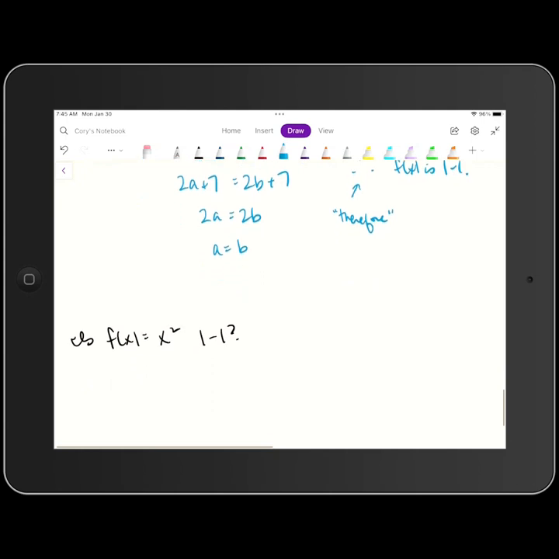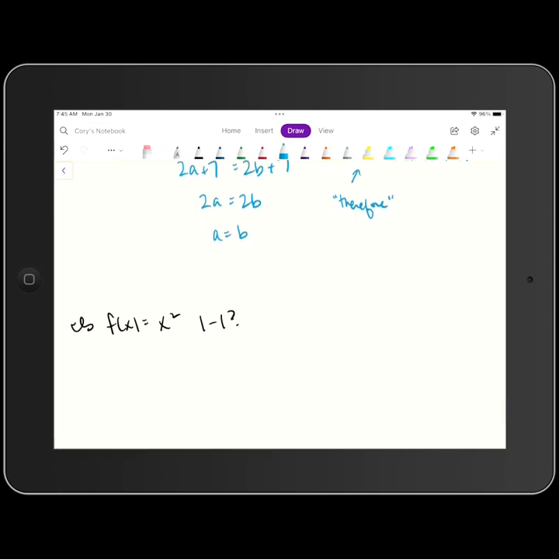Okay, last question of the day. Is the function f of x equal to x squared one-to-one? When we do the same thing, we start with f of a being equal to f of b. So that means that a squared is equal to b squared. And then we're going to algebraically manipulate this equation to see if that gives us that a is equal to b.